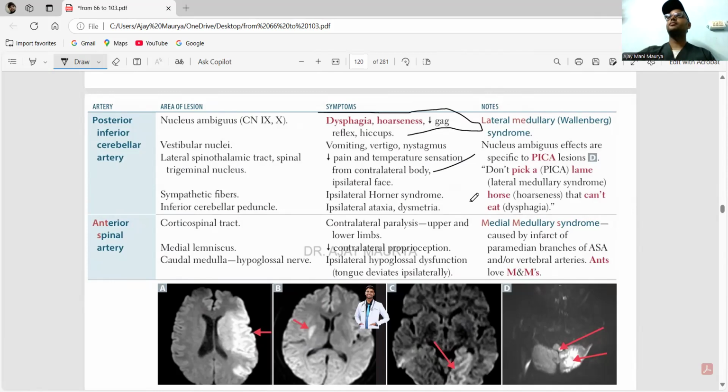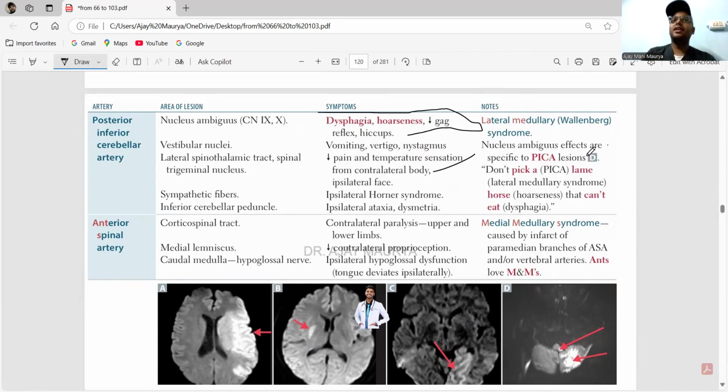Very good. This is called the finger and nose test. We are doing the cerebellum examination. It most commonly affects the PICA, posterior inferior cerebellar artery. Due to a lesion of the posterior inferior cerebellar artery, you get LMS. Remember this one.